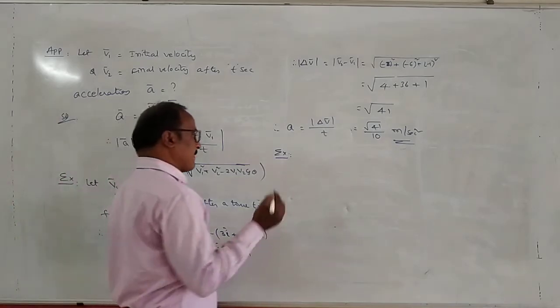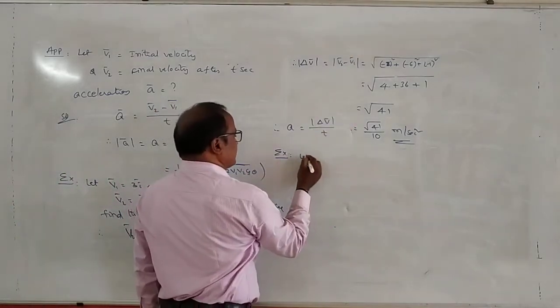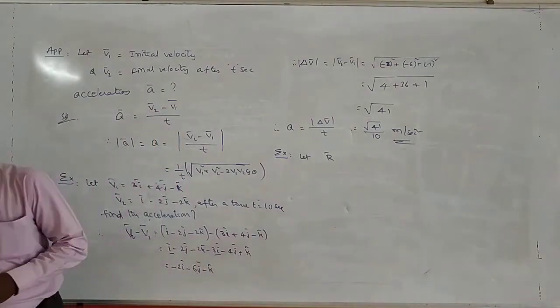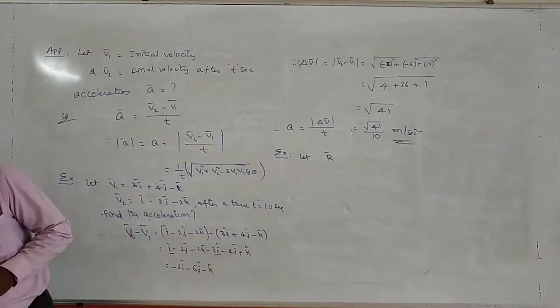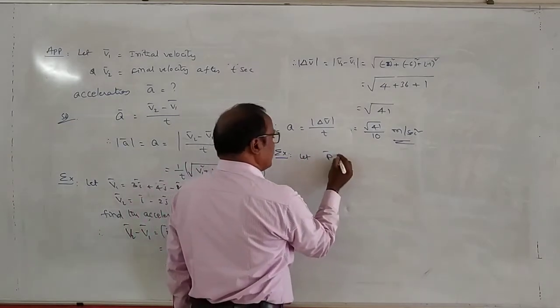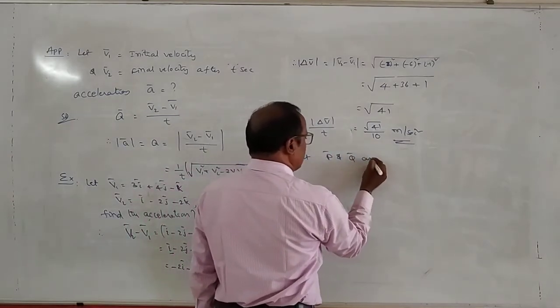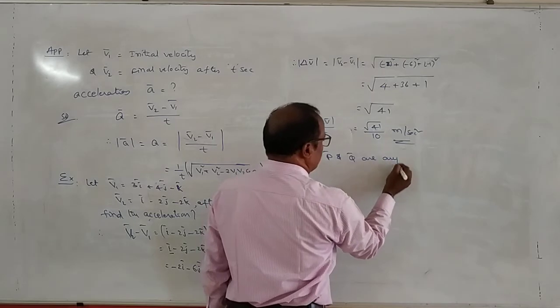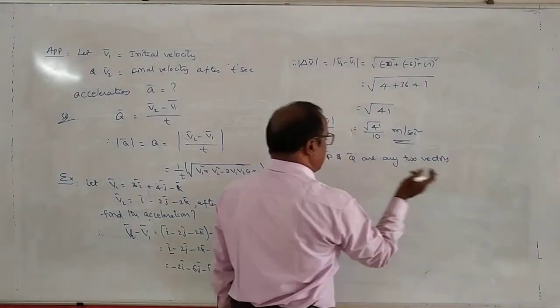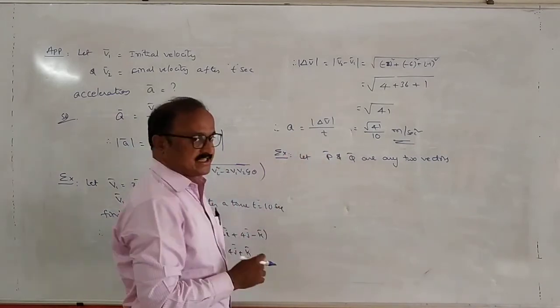Let P bar and Q bar be two vectors, represented by the adjacent sides of a parallelogram.